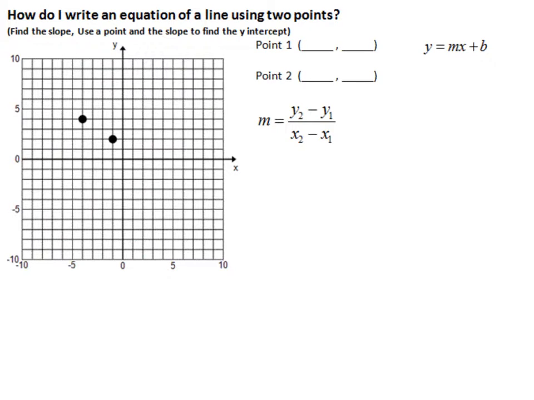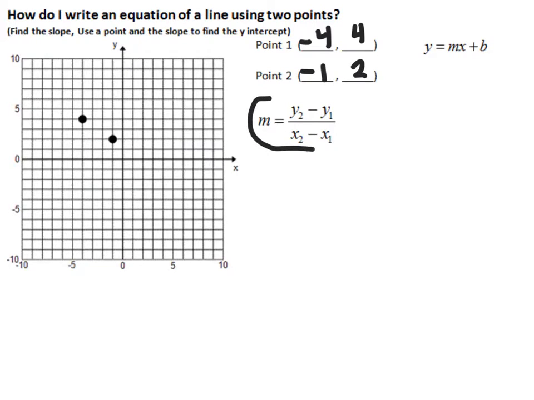So now we combine all of those things together. We want to find the equation of a line. The line has not been graphed, but we have 2 points to work from. The first thing you would do is obtain the point values, which look to be (-4, 4) and (-1, 2).